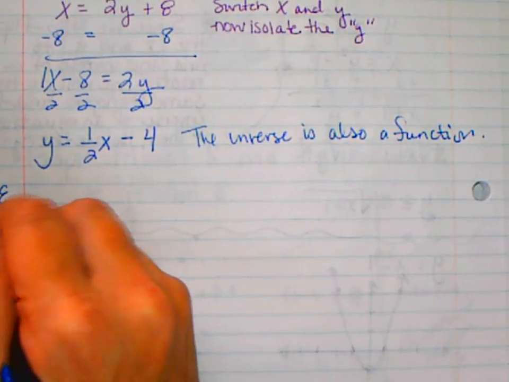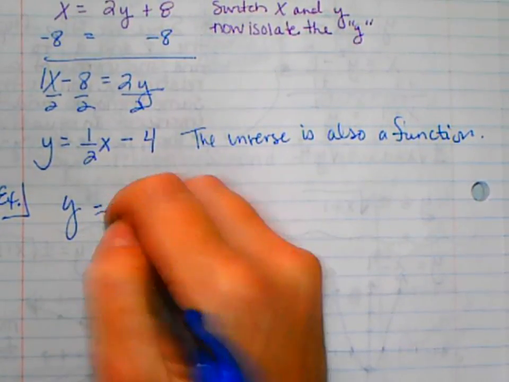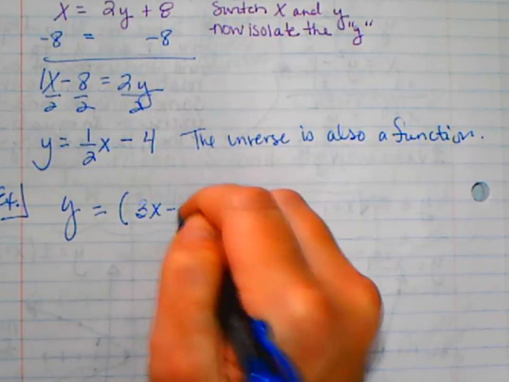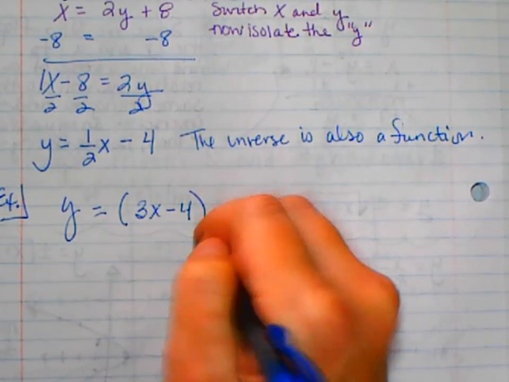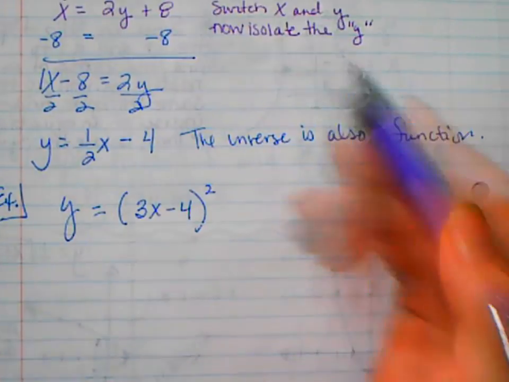How about this? y equals, open parentheses, 3x minus 4, quantity squared. What am I going to do first?